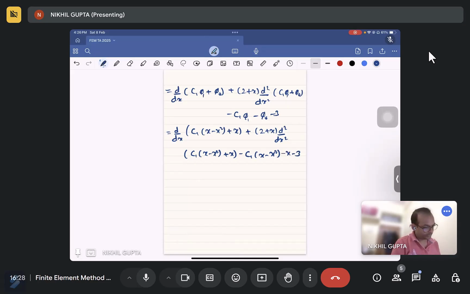Okay, so when you solve the differentiation, you will get c1 (1 minus 2x) plus 1 plus (2 plus x) times minus 2c1 minus c1 (x minus x square) minus x minus 3.